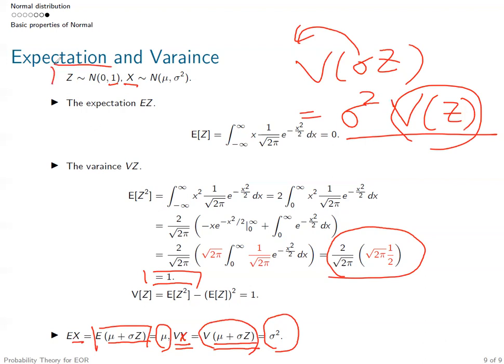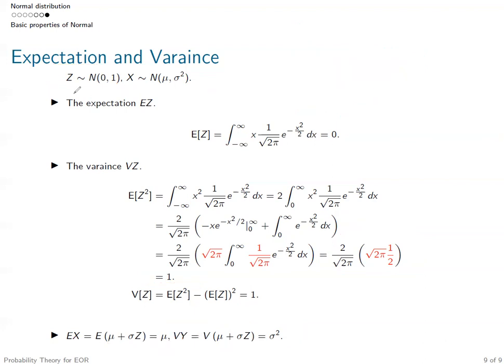And we have indeed verified that with the given PDF, Z, the standard normal distribution, has 0 as mean and 1 as variance. As for X, it also has mean mu and sigma squared as the variance. This is the initial introduction of this normal distribution. Thank you for watching this video.